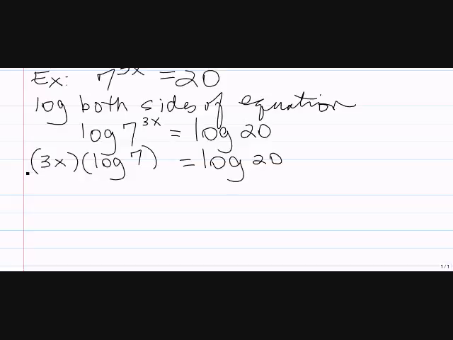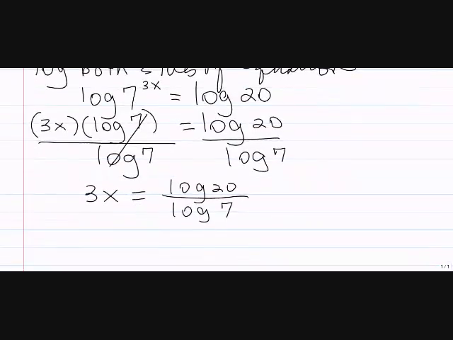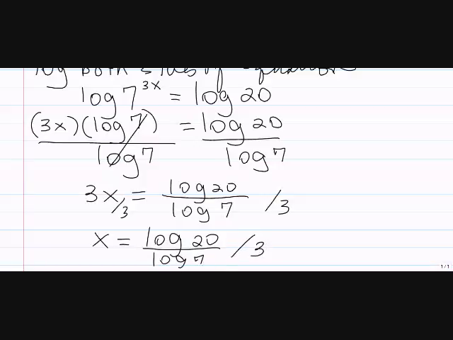I'm trying to isolate x, so the next thing I'll do is divide both sides by the log base 10 of 7. Those cancel, and I get 3x equals log base 10 of 20 divided by log base 10 of 7. Divide both sides by 3, and x is the log base 10 of 20 divided by the log base 10 of 7, all of that divided by 3.